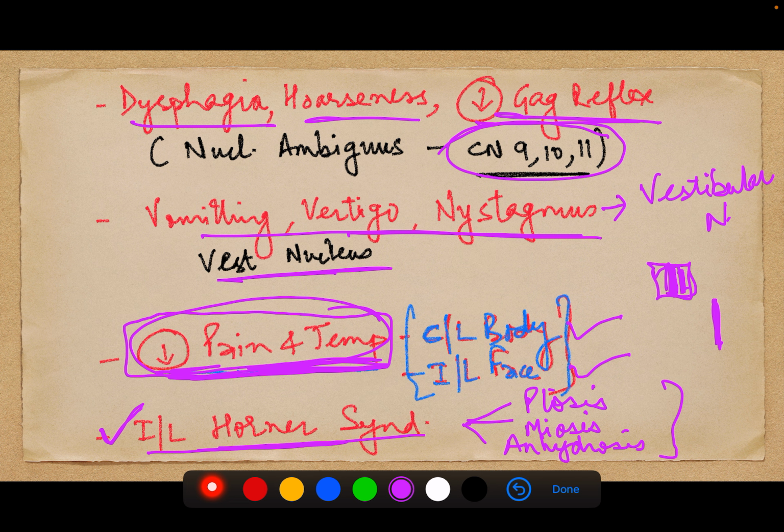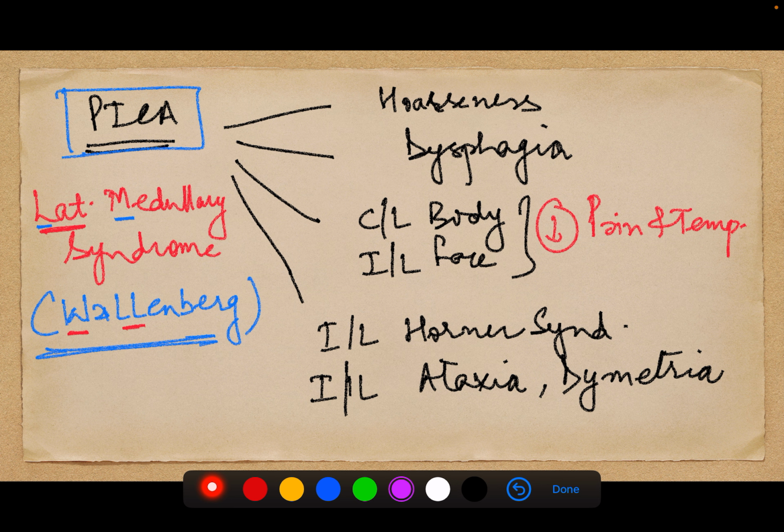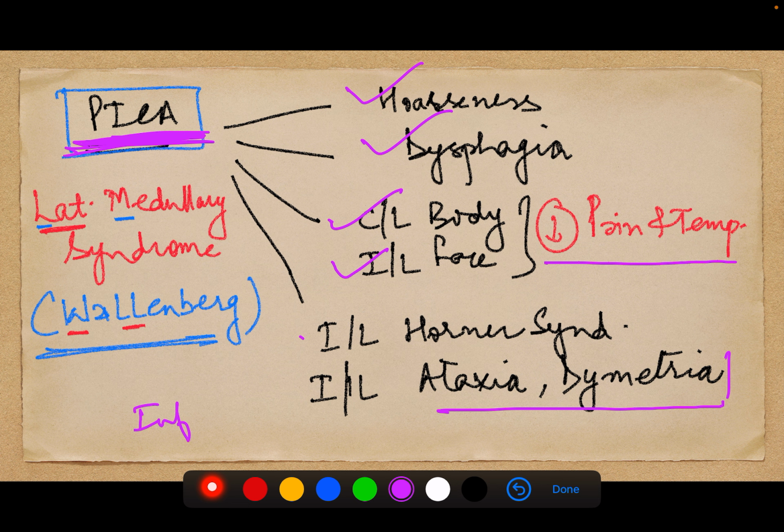What other symptoms will be there? Lateral spinothalamic tract: loss of pain and temperature in the contralateral body and ipsilateral face, right? So PICA: hoarseness, dysphagia, contralateral body and ipsilateral face reduced pain and temperature, ipsilateral Horner syndrome, ipsilateral ataxia and dysmetria. Why? Because the PICA, the posterior inferior cerebellar artery, as the name itself suggests, supplies blood to the inferior cerebellar peduncle.